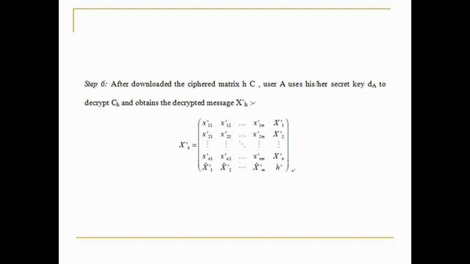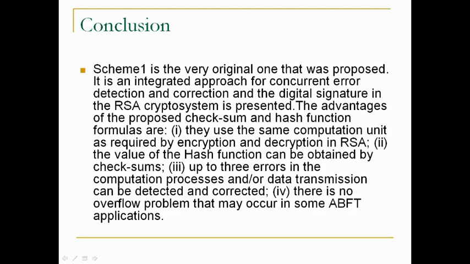In step 6, after downloading the ciphered matrix CH, user A uses his or her secret key DA to decrypt CH and obtain the decrypted message X dash H.